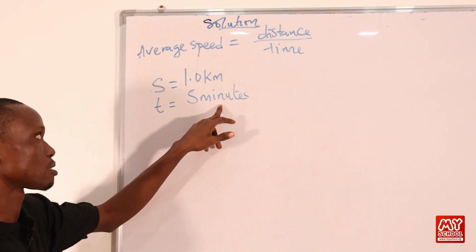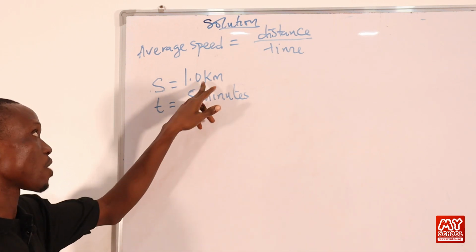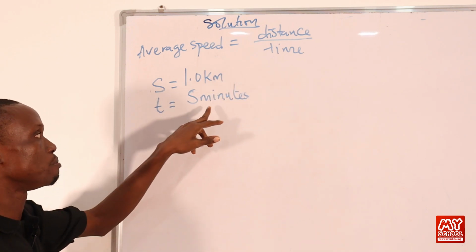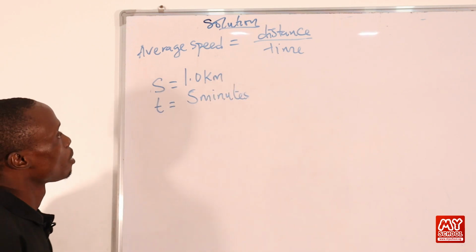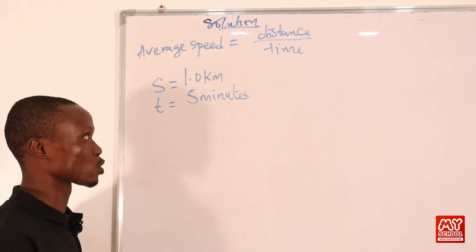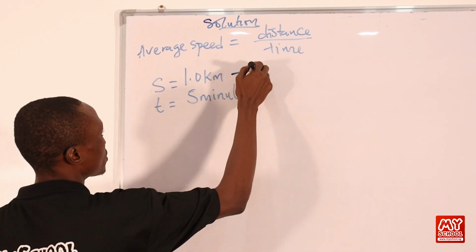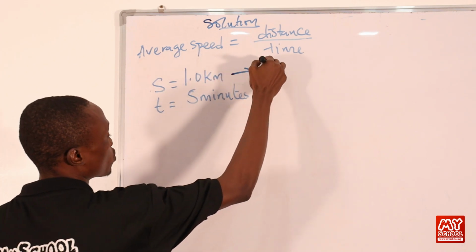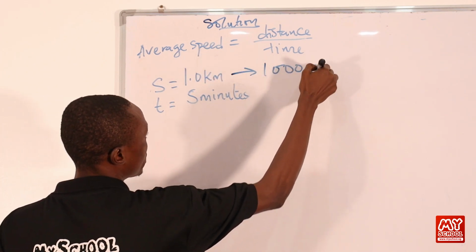So it is important for us to convert the kilometer to meter and the minute to seconds, right? But remember that 1000 meter equals 1 kilometer. So we can say that 1 kilometer equals 1000 meter here, right?